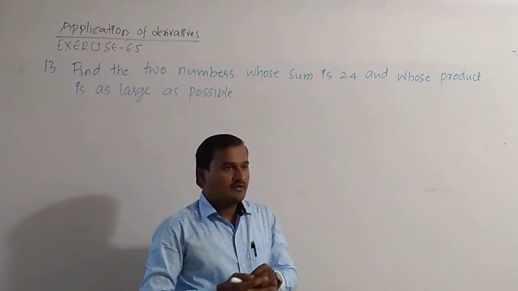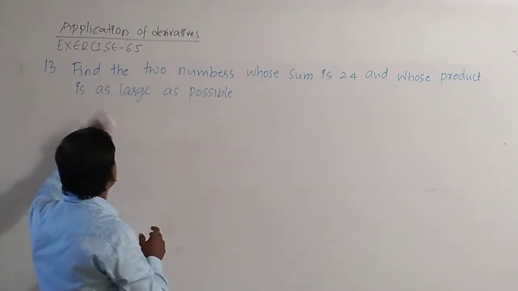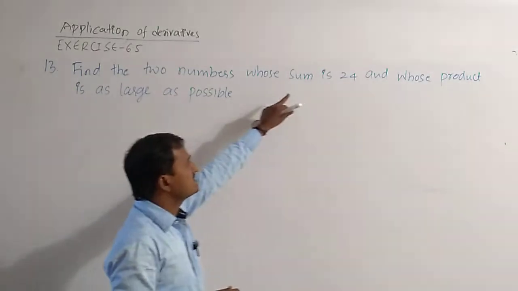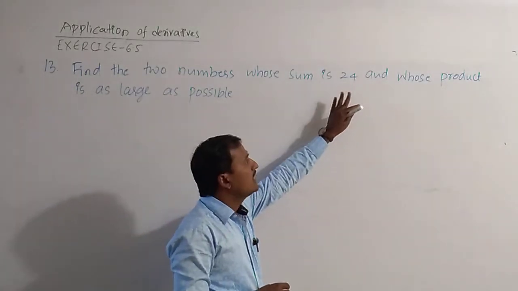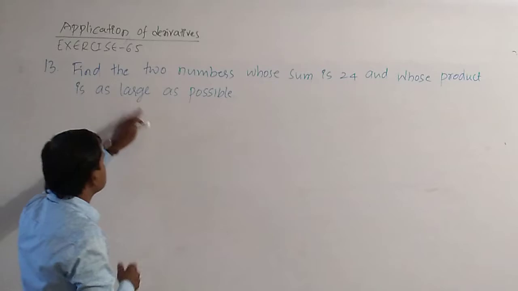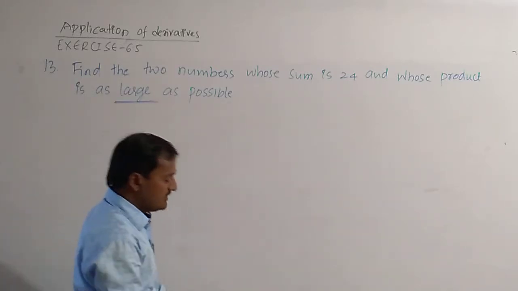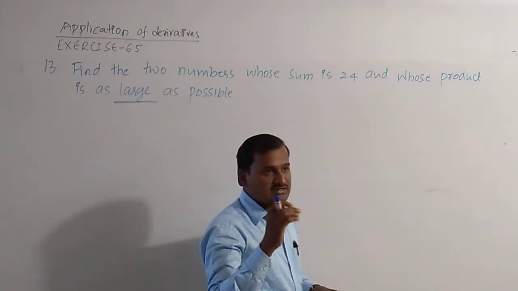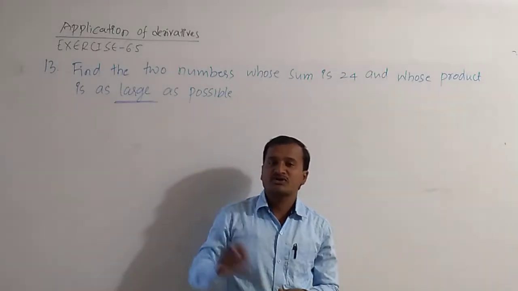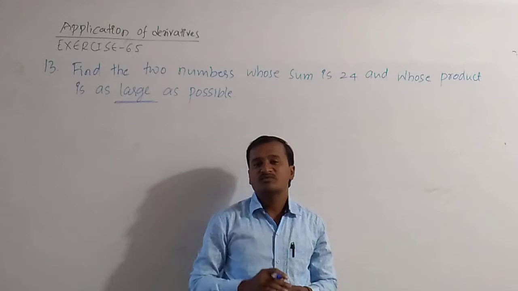So here what they given: the two numbers whose sum is 24 they are given, and whose product is as large as possible. As large as possible means this function attains its maximum value, right?